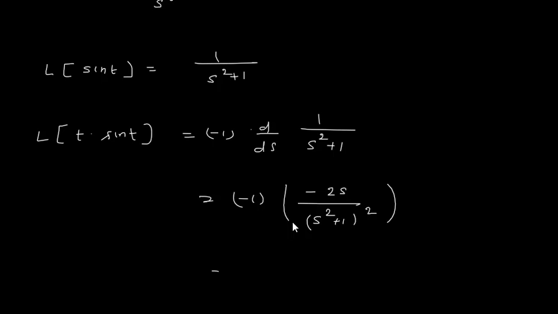So minus minus becomes plus: 2s upon s square plus 1 the whole square.